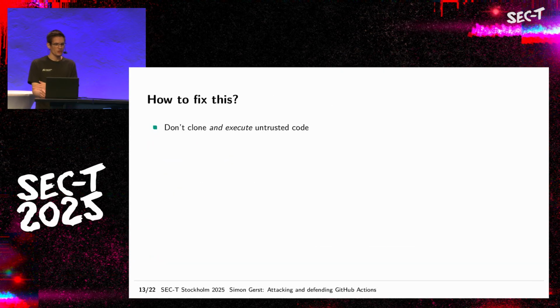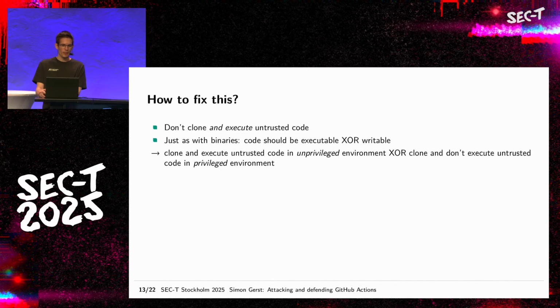So how do we fix this? Easiest way is like don't clone and execute untrusted code. If you're familiar with binaries, there's this concept of an X-bit, no execute, or that you either make your code executable or writable, but never both. Because if you make your code executable and writable, you can get easily code execution by stacked buffer overflows or something like that.